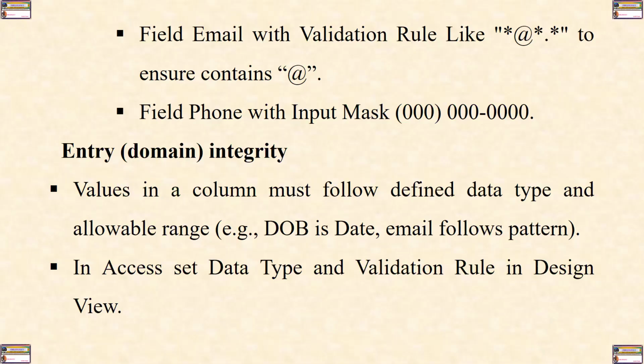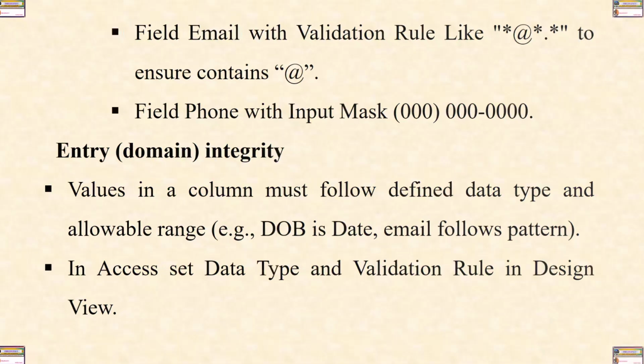In Access, you set data type and a validation rule under the design view. So to ensure there is entry or domain integrity, for every field, you set its data type and a validation rule, and this is done in design view. We shall be doing this, don't worry. My dear viewer and my dear listener, don't worry. We shall do this, and we shall do it practically.